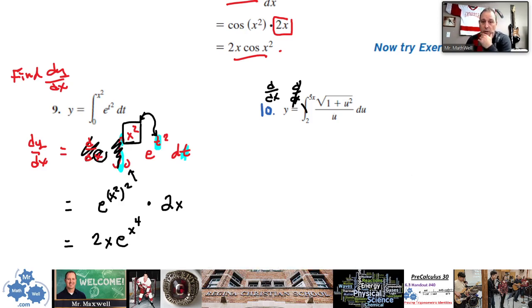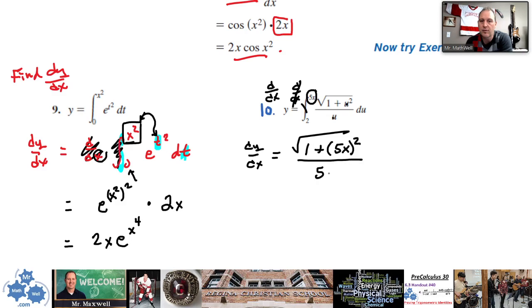So we put 5x in for u, wherever you see u. And then we need to multiply by the derivative of 5x, right? Chain rule. So what do we end up with here? The derivative dy dx is actually the square root of 1 plus 5x squared over 5x.